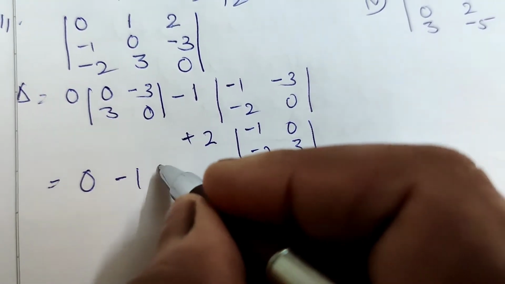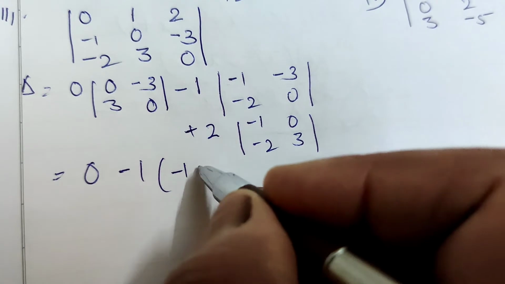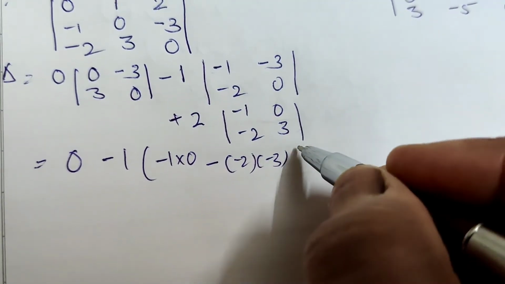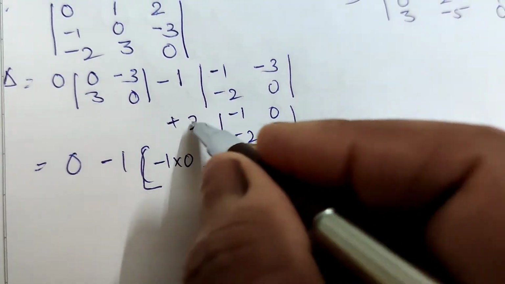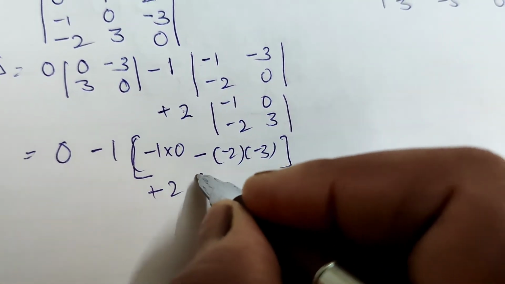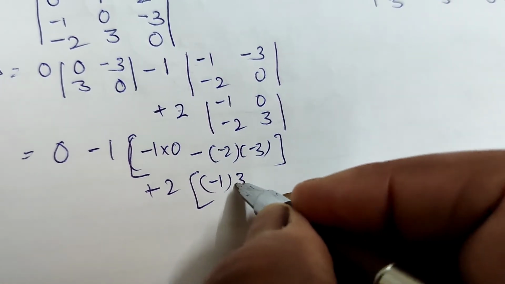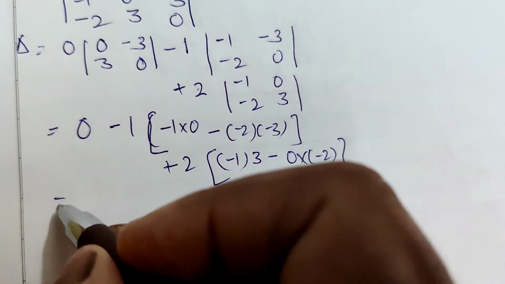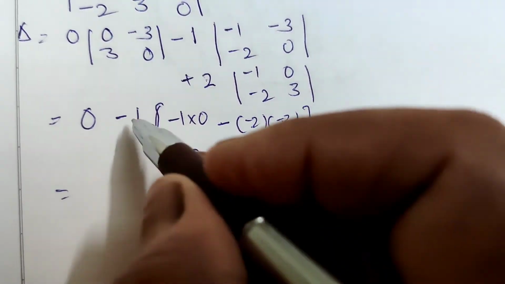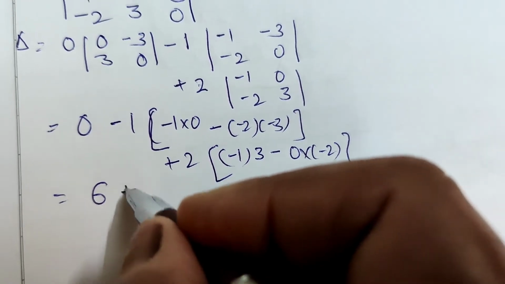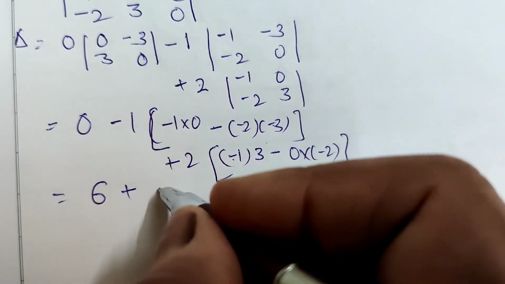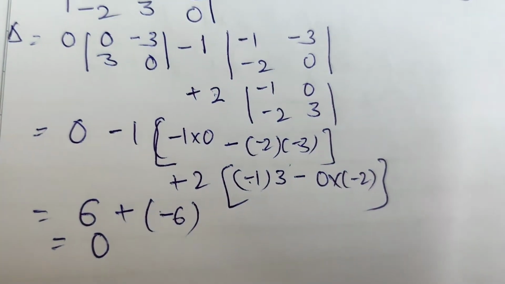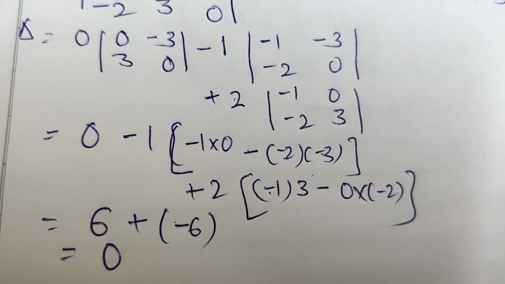And minus 1 multiplied to minus 1 into 0, 0 minus 2 into minus 3. And plus 2 multiplied to minus 1 into 3 minus 0 into minus 2. Therefore 6 plus 6, 2 into minus 3, minus 6, equal to 0. The value of this determinant is equal to 0.